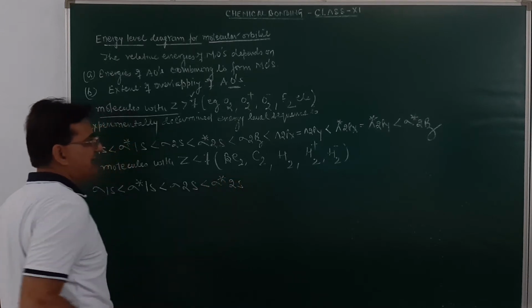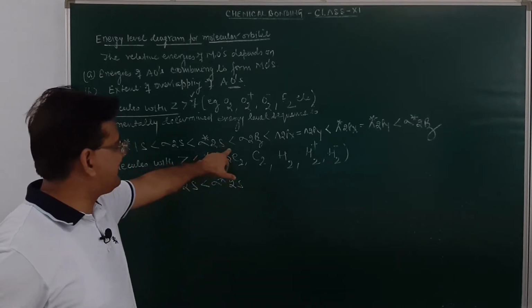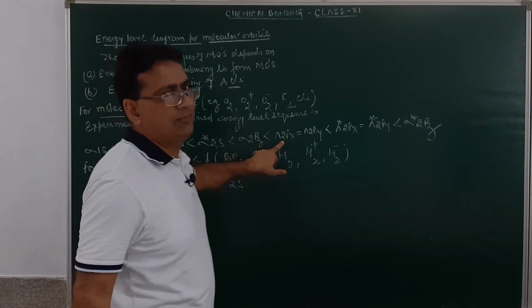Now, here is a point of difference. Before, sigma 2pz was before pi 2px and pi 2py.